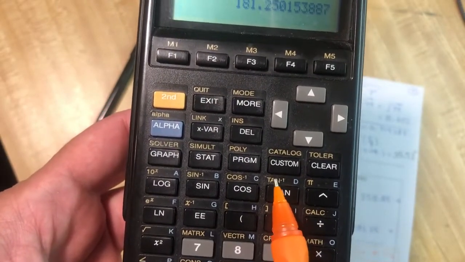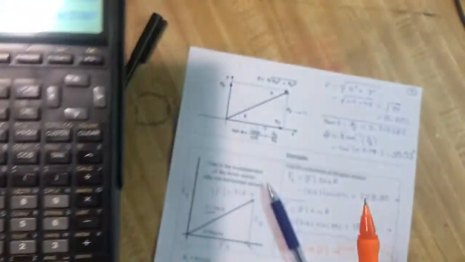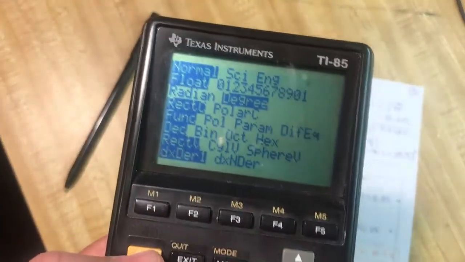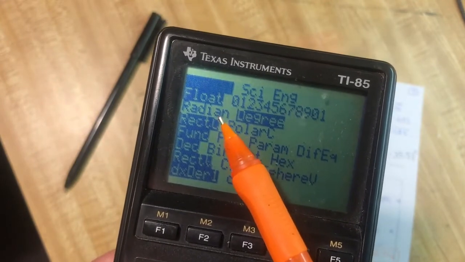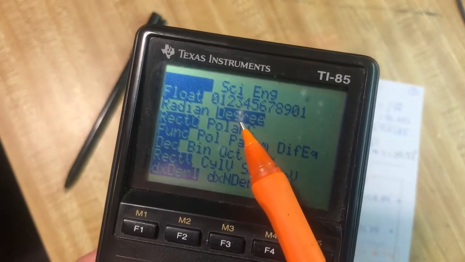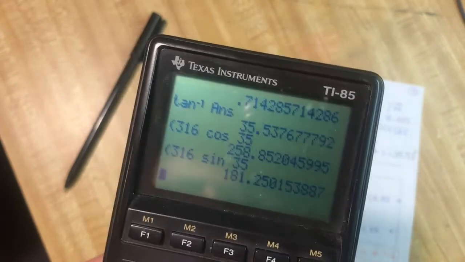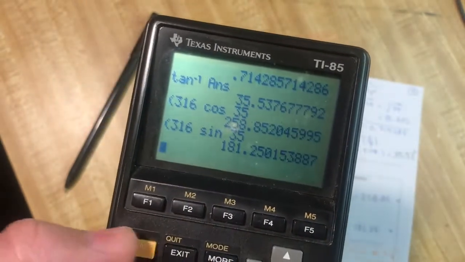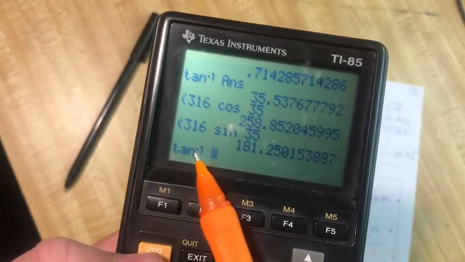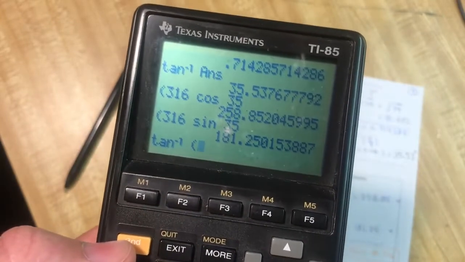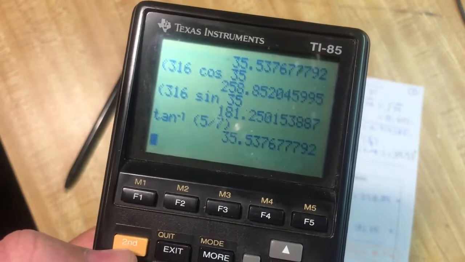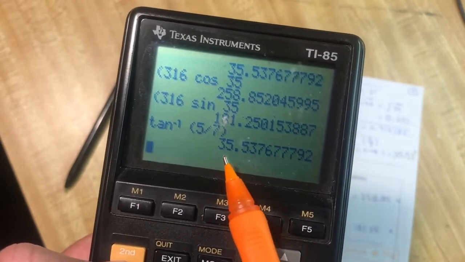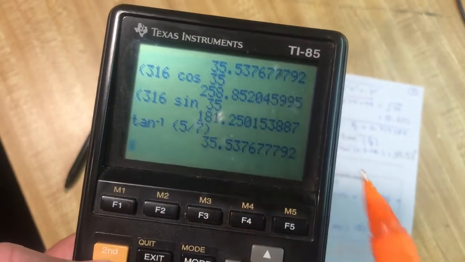If we need to find theta in degrees, you need to be careful. You may work with radians or with degrees. Now I'm working with degrees. So tan inverse of 5 over 7 is the angle, 35.53 and so on.